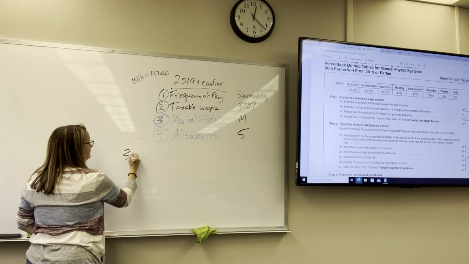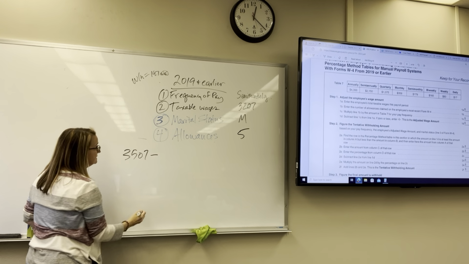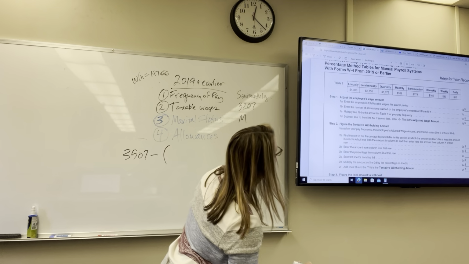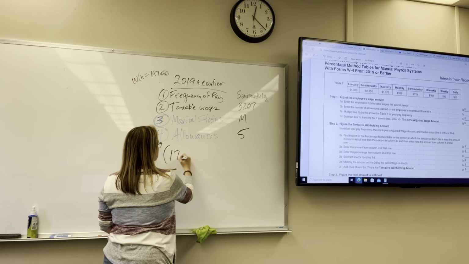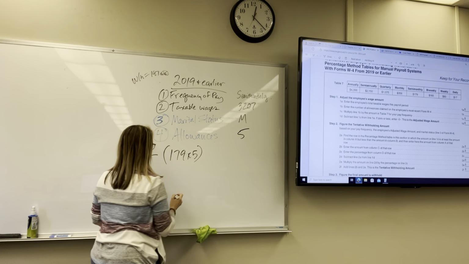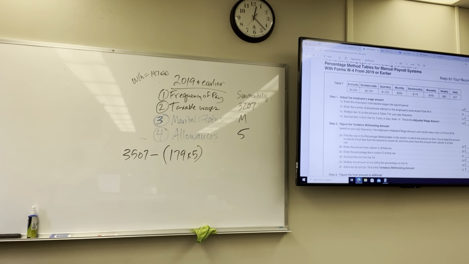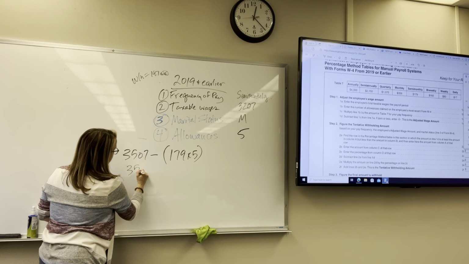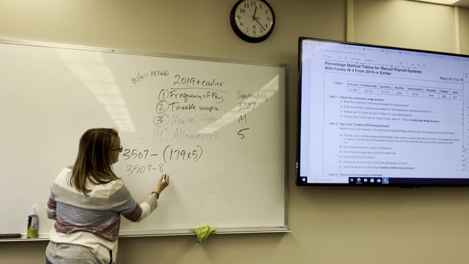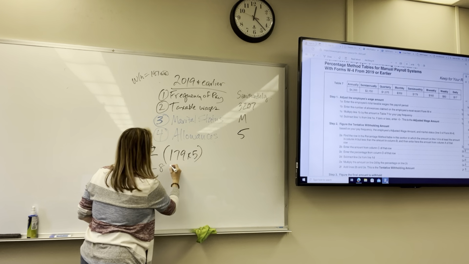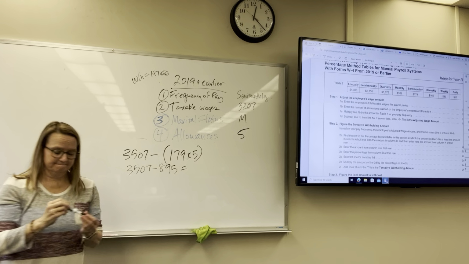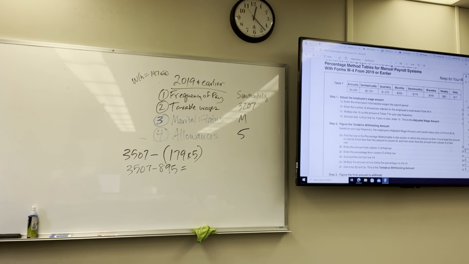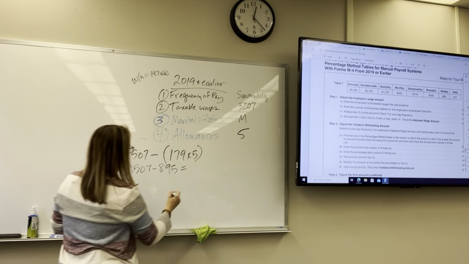So again, $3,507 minus 179 times 5, so $895. $3,507 minus $895 is $2,612.